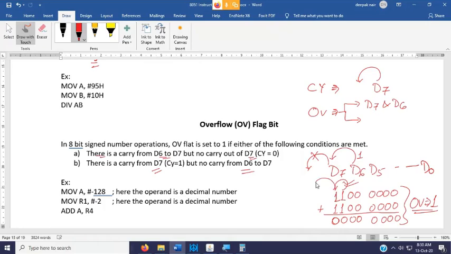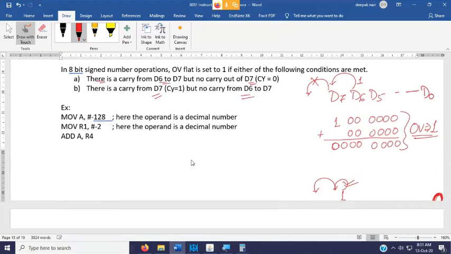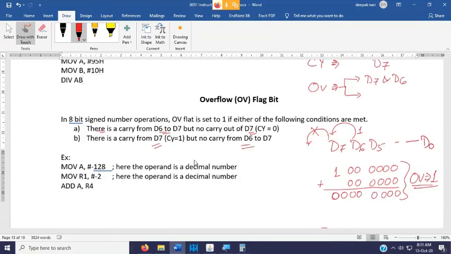At the same time there will be a carry from d7 to any upper bit. In that case this overflow will be reset, it will not be set. So remember, either one of these two conditions should be true, not the two simultaneously. This thing has to be kept in mind.